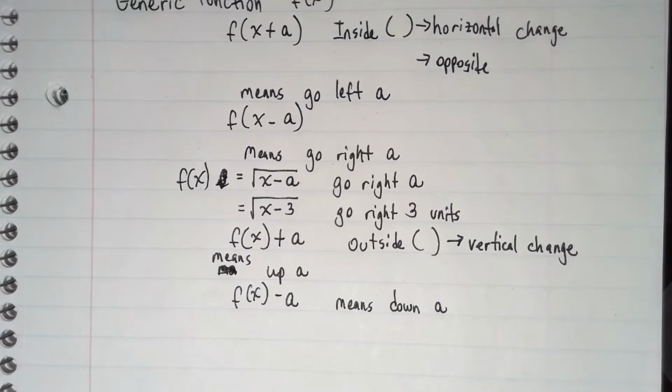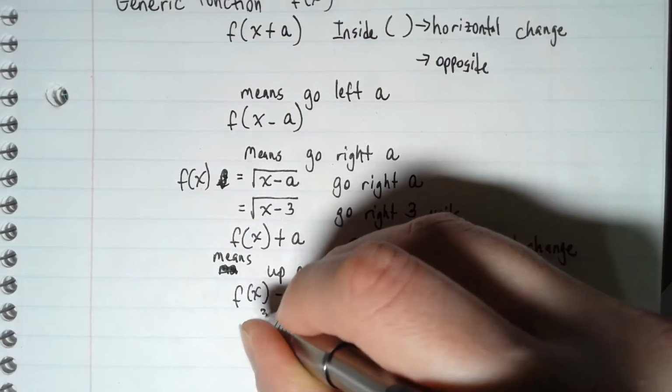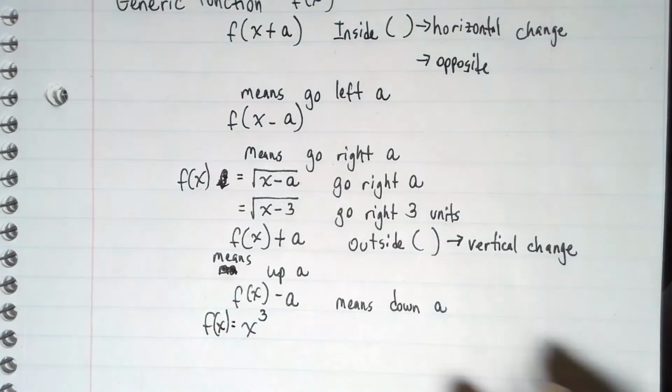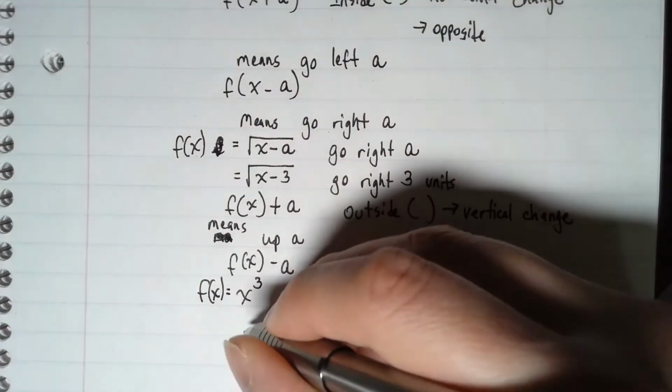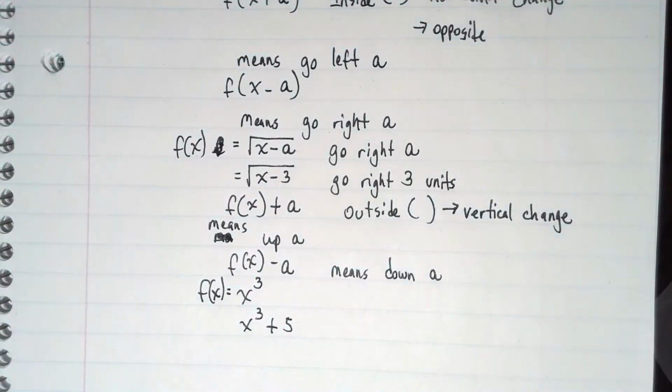Now you can combine all of these together, but let me give you a more specific example than this generic function right here. So let's say I gave you x cubed. f of x is x cubed. Now for x cubed, let me move it up by adding some number.